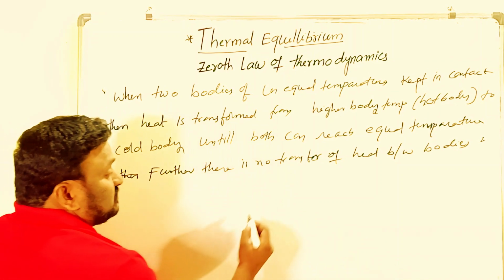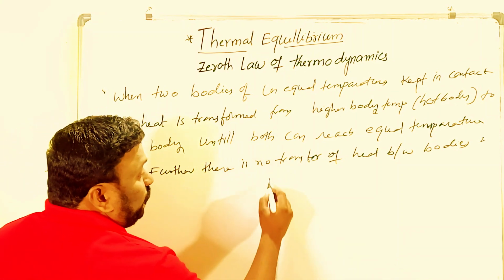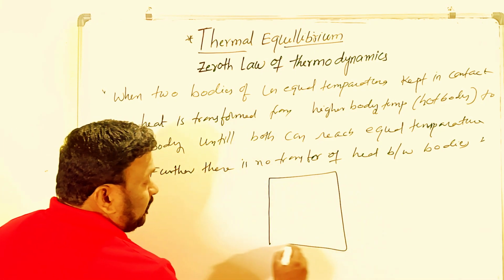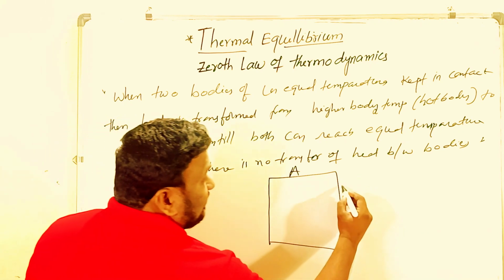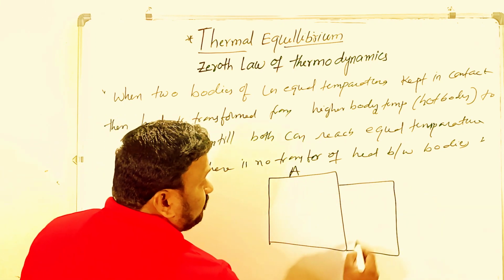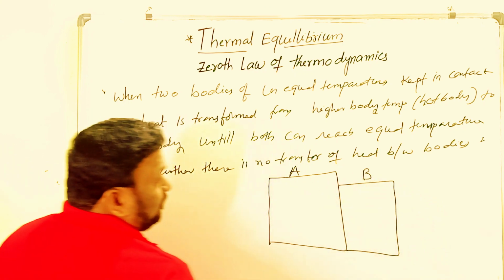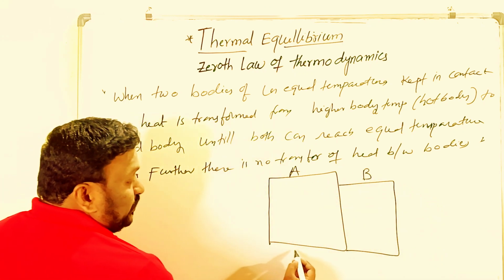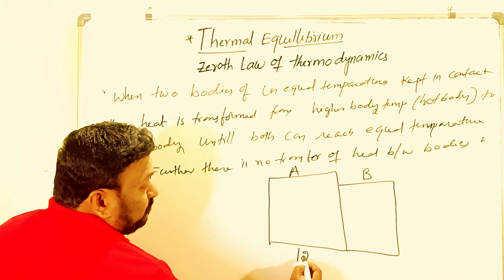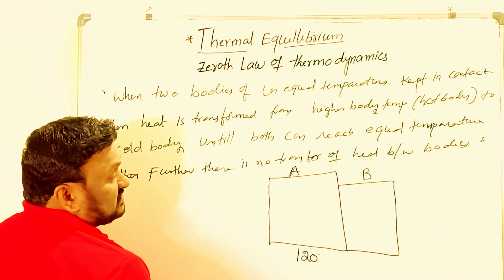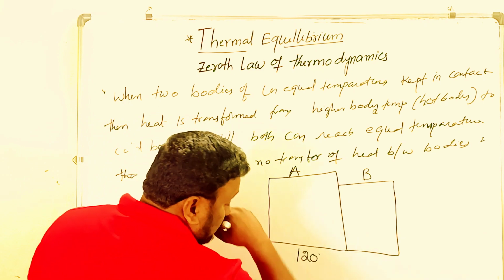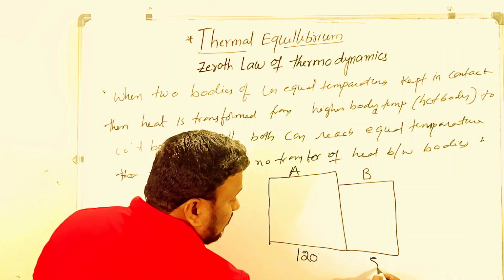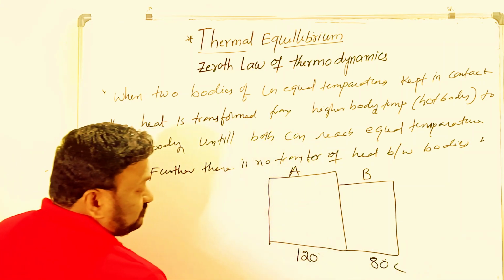So dear friends, this is one body, let me call it A, and this is another body, B. Initially the temperature of the first one is 120 degrees Celsius, and the other is 80 degrees Celsius.